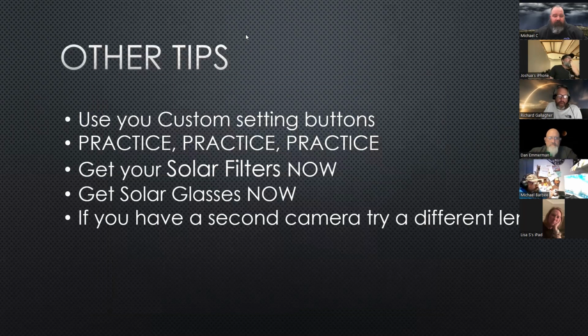Couple other tips for getting ready on that. Set your custom functions. If you've got a custom settings button, figure out by practice where you need to be and set that as a custom button so that if you do get too far off and all of a sudden your photos are completely off, you can say, go back to my original settings, maybe the 400 f8, those settings I showed earlier, and then say, okay, I can adjust from there back to where I need to be.